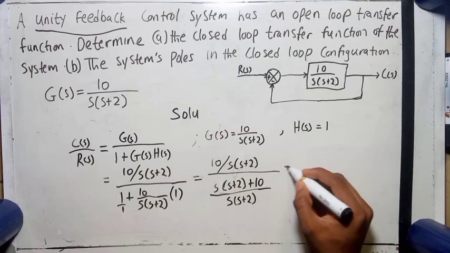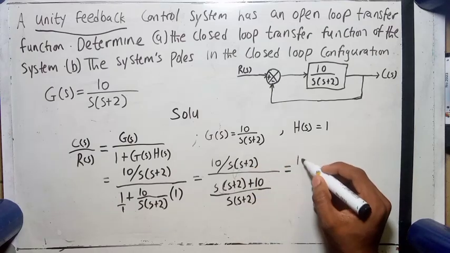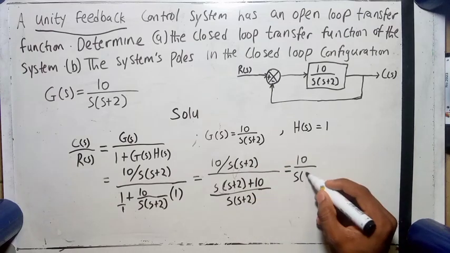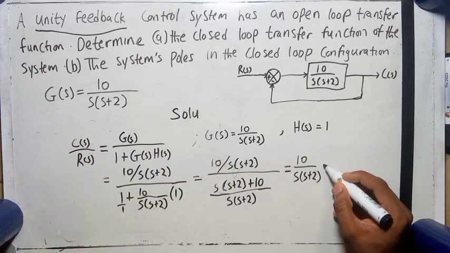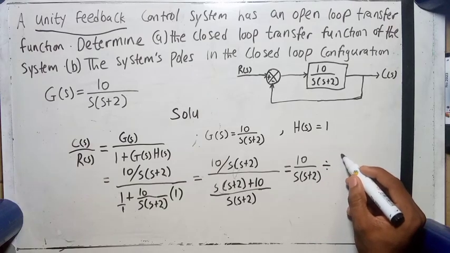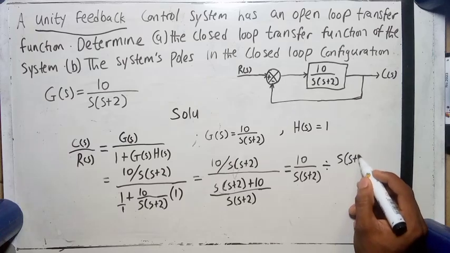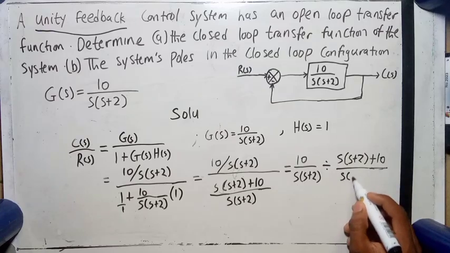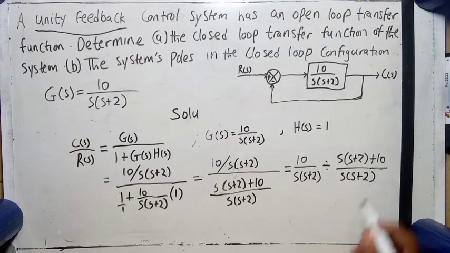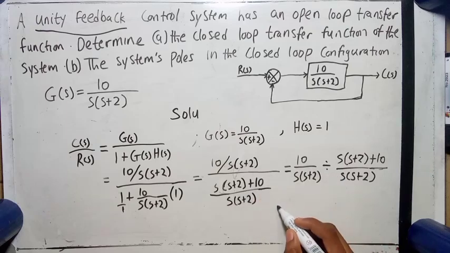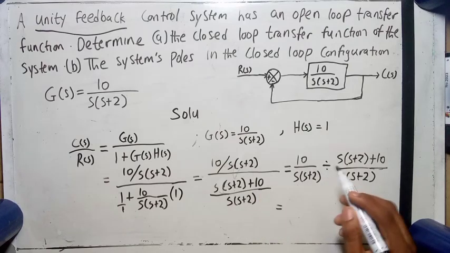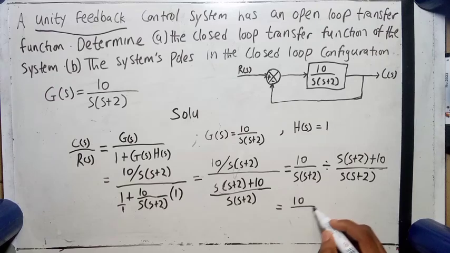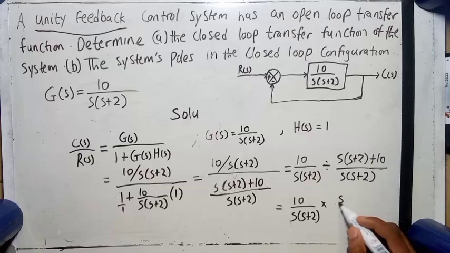Now we can rewrite this to be this. Right? This and this are the same thing. Now, changing this division sign to multiplication, this one will go up, the other one will come down.